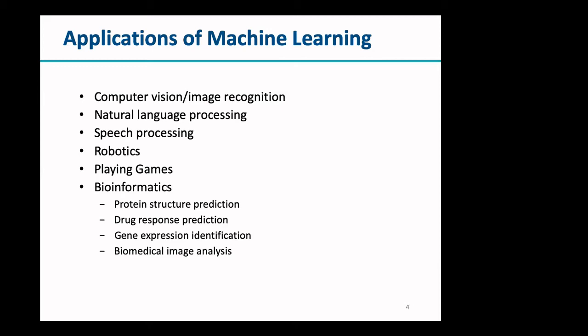In speech processing, you have a huge variety of machine learning applications in speaker recognition, in speech recognition, in speech synthesis to create a speech based on a text. In robotics, for robotic road mapping, for example. In playing games, it is an interesting area where machine learning can be used.